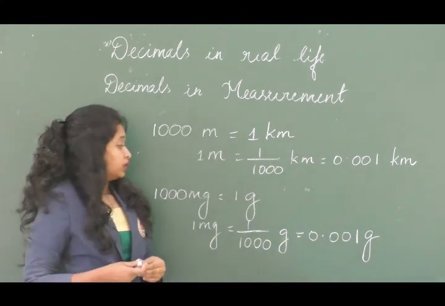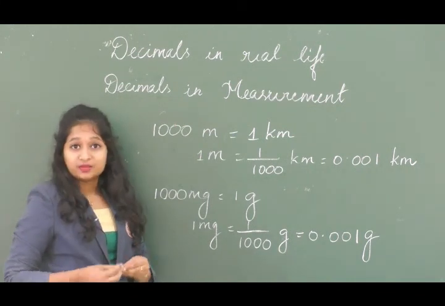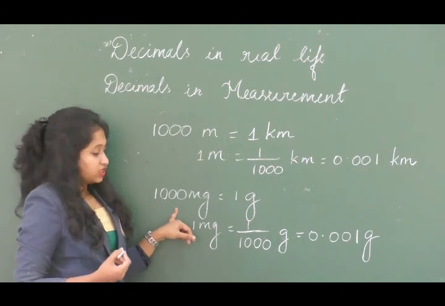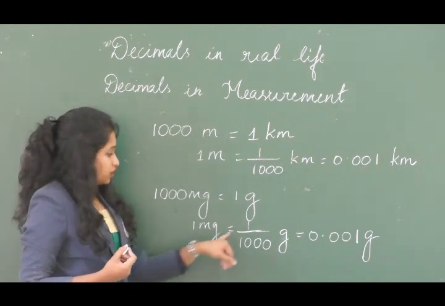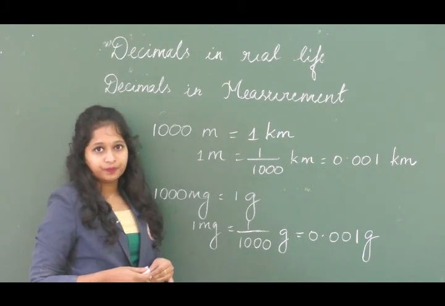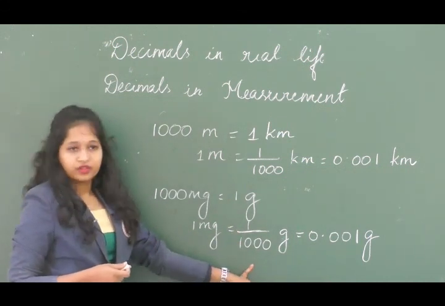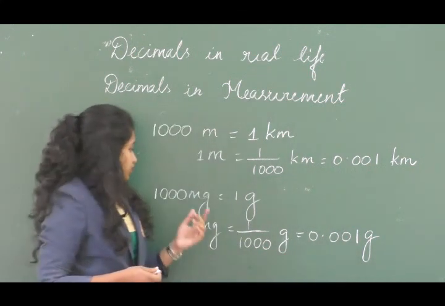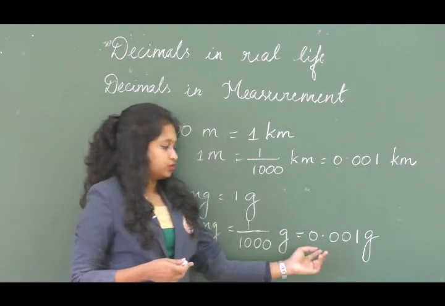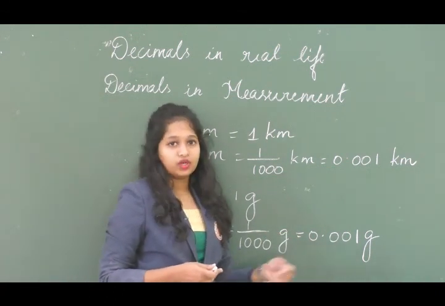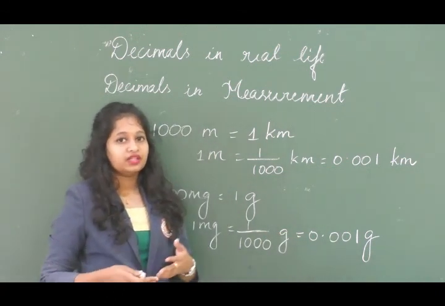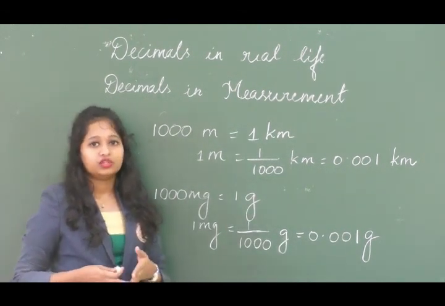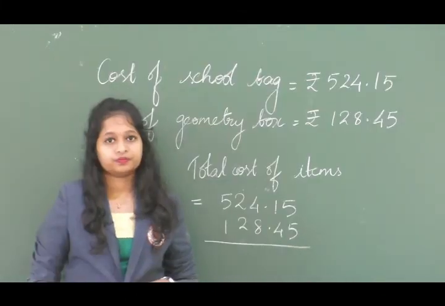How to represent in decimals? We can write 1 milligram as 1 by 1000 gram. 1 by 1000 can be written as 0.001 gram. So 1 milligram is equal to 0.001 gram. So similarly, when you get any questions like this, we can easily convert it into decimals.